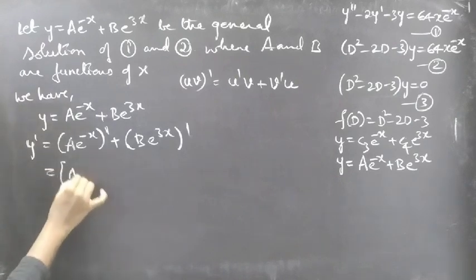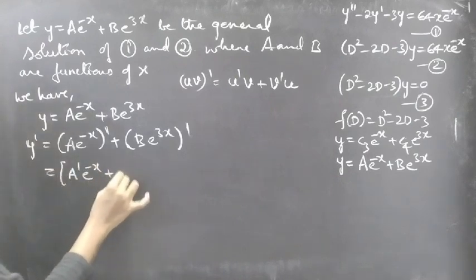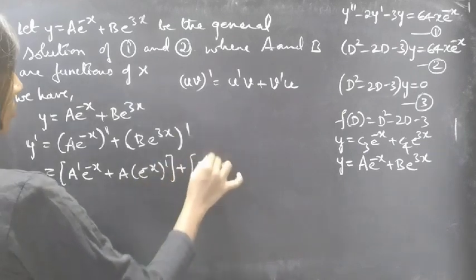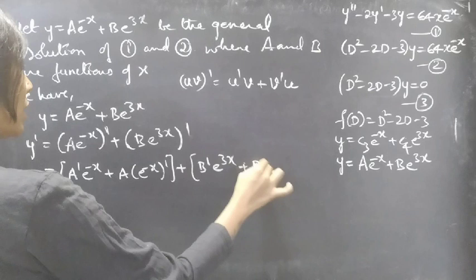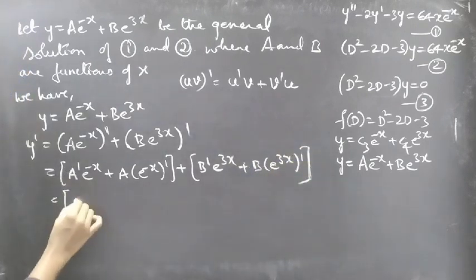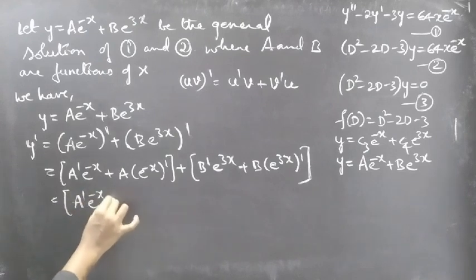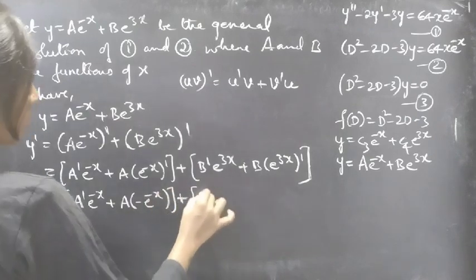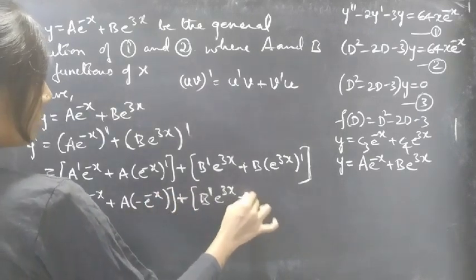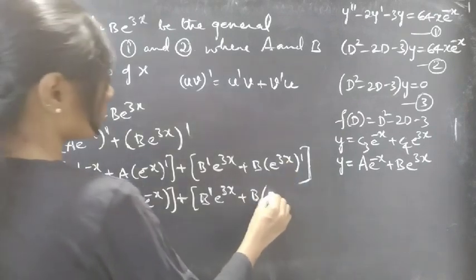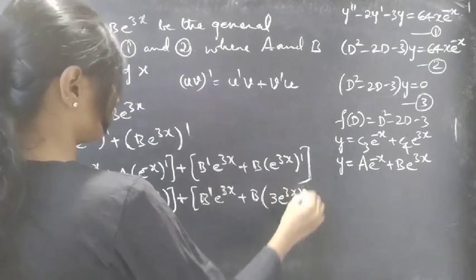This gives us a' e^(-x) plus a into (e^(-x))' plus b' e^(3x) plus b into (e^(3x))', which gives us a' e^(-x) plus a into the derivative of e^(-x) with respect to x, which is minus e^(-x), plus b' e^(3x) plus b into the derivative of e^(3x) with respect to x, which is 3 e^(3x).